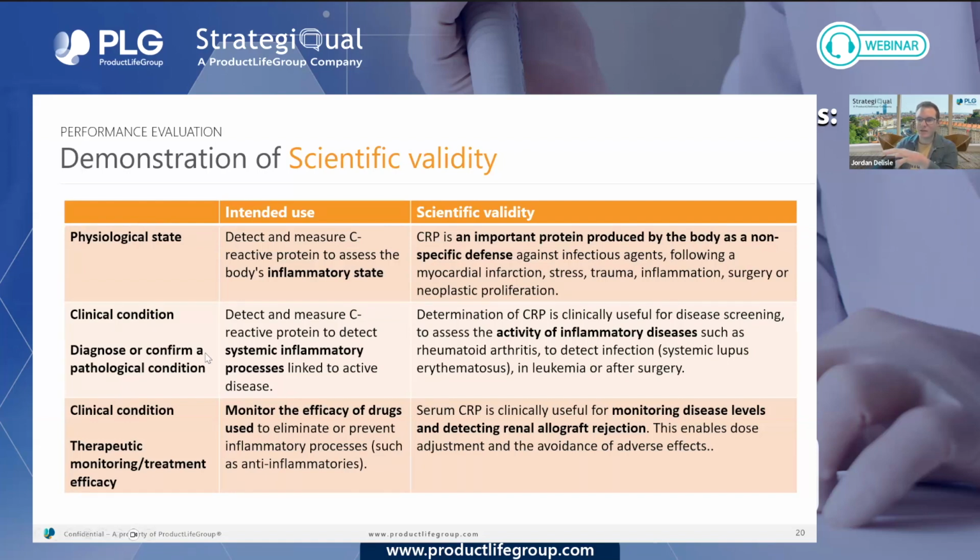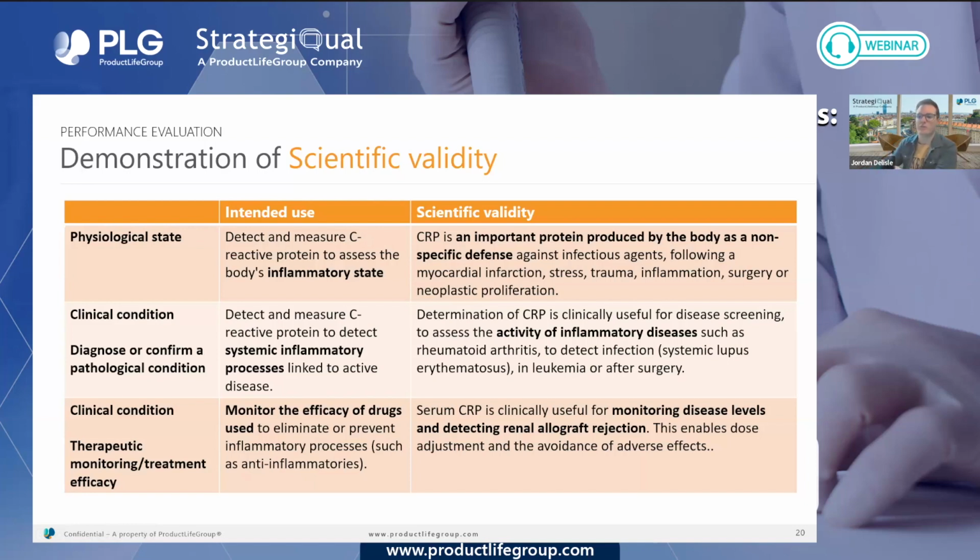Moving on to the second line, if we now consider a device whose purpose is to diagnose or confirm a pathological condition associated with an abnormal level of CRP, in the case of rheumatoid arthritis, for example, we'll need to demonstrate that the abnormally high level of CRP in the blood is associated with rheumatoid arthritis.